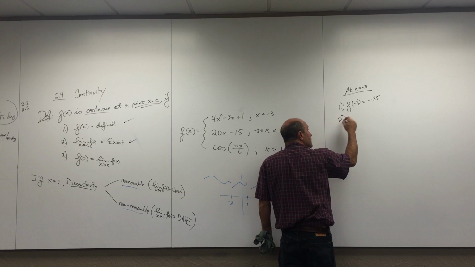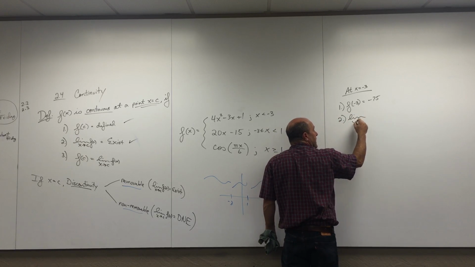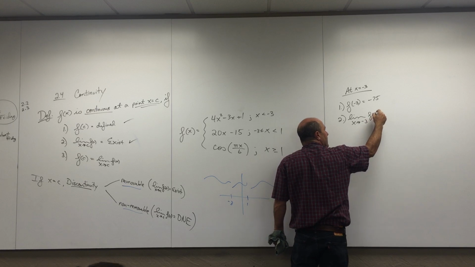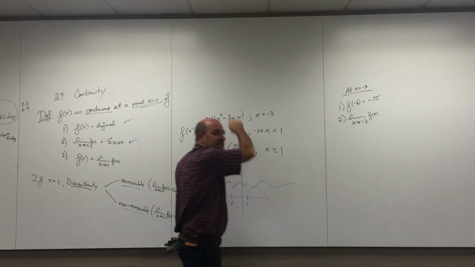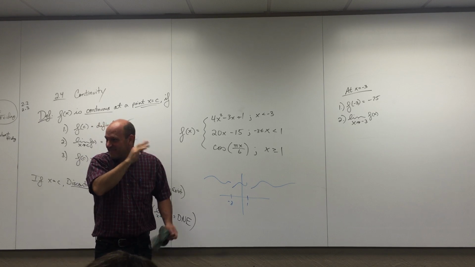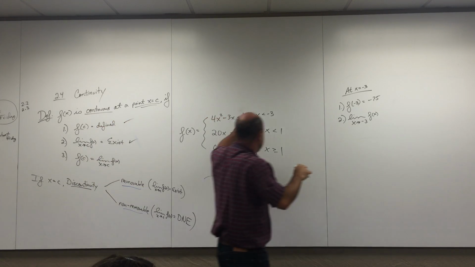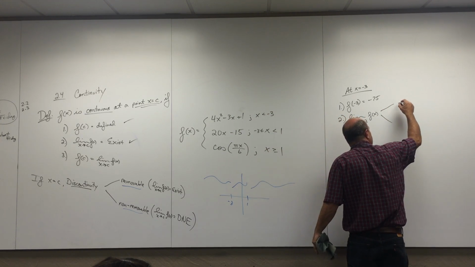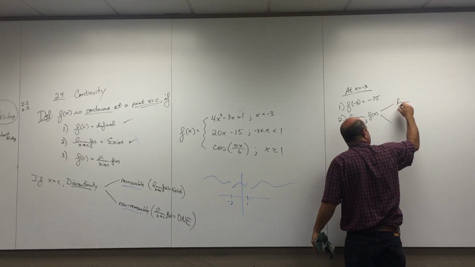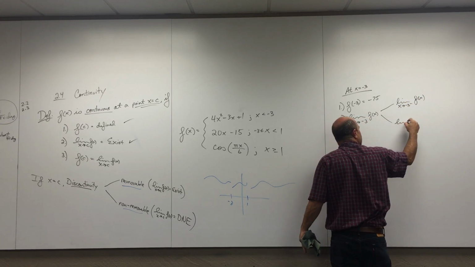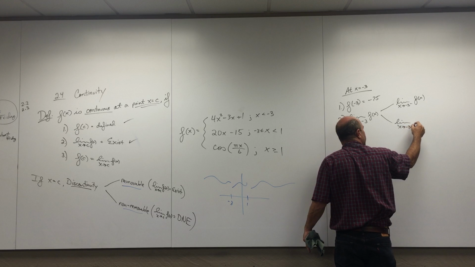All right, well step 2 says I better investigate the limit as x approaches -3. But in a piecewise function like this, that really means I better investigate the left and the right. I need to investigate the limit as x approaches -3 from the left, and I need to investigate the limit as x approaches -3 from the right.